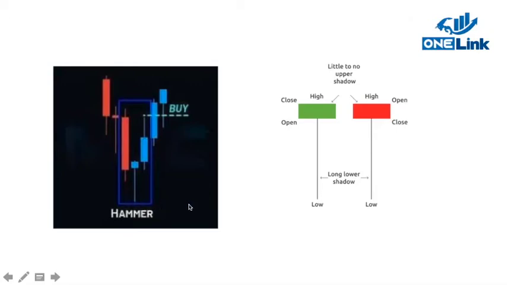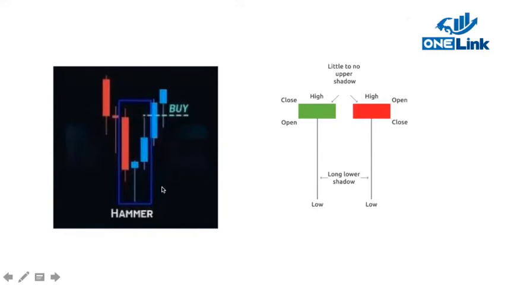your exit level. The tip of this wick will become your exit level. That means you need to exit that particular trade at that particular moment, okay? But you need to have some kind of stop loss. Don't take it for granted.